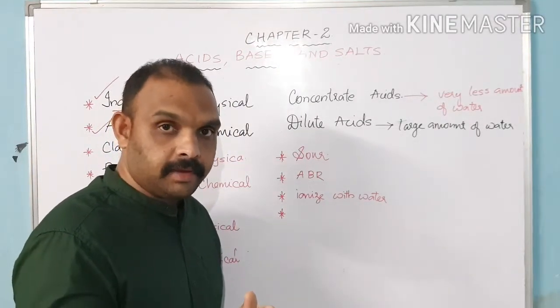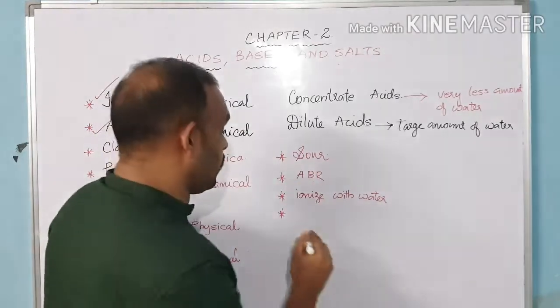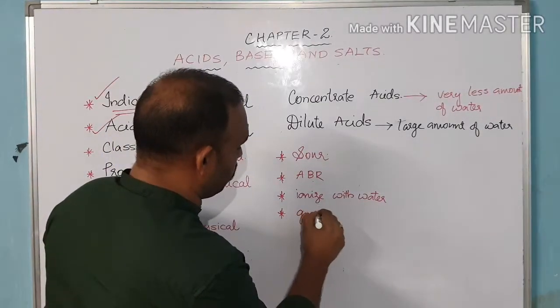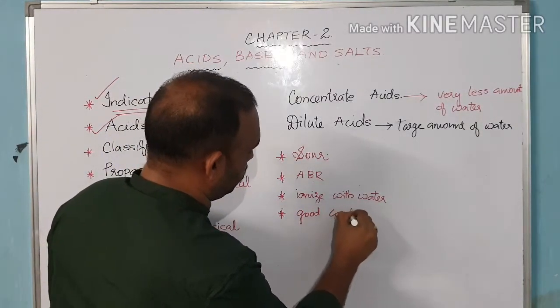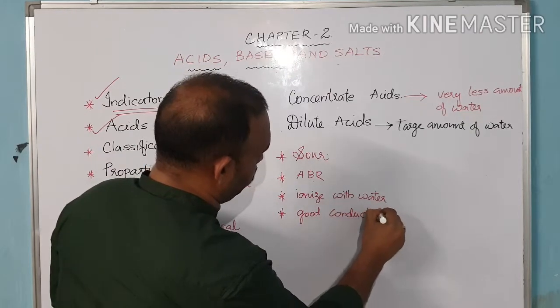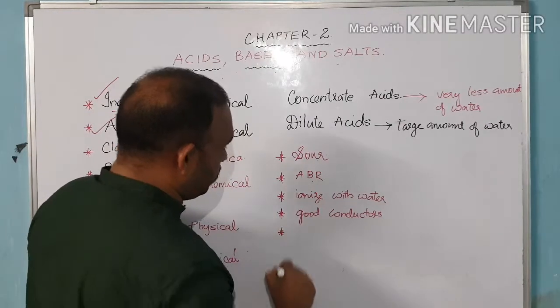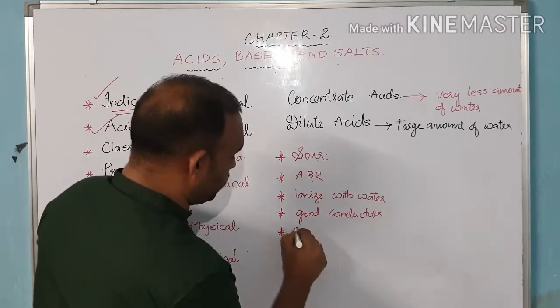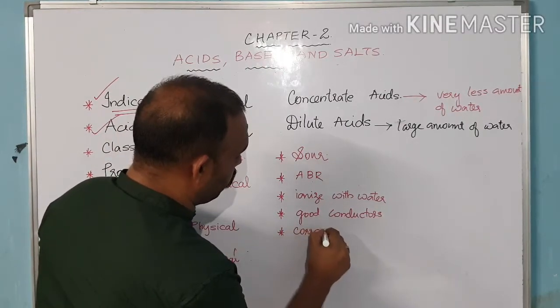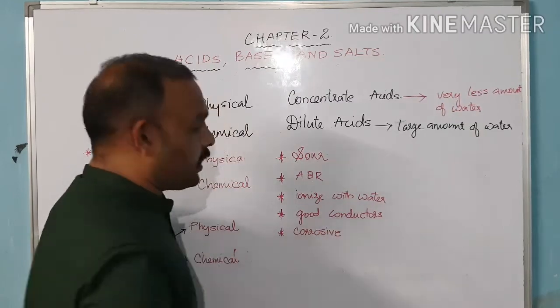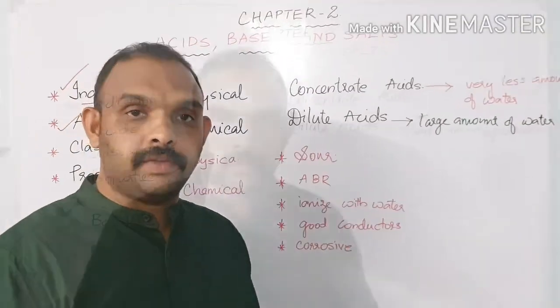Do you know the reason? Because of the ions present, they are good conductors of electricity. What is the fifth point? All acids are corrosive in nature.